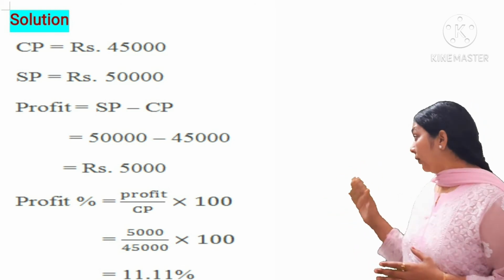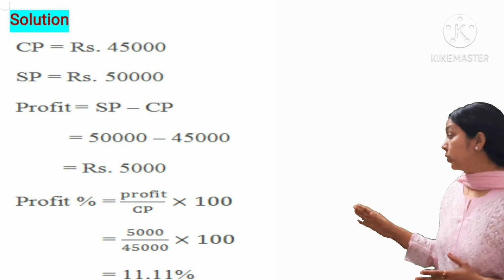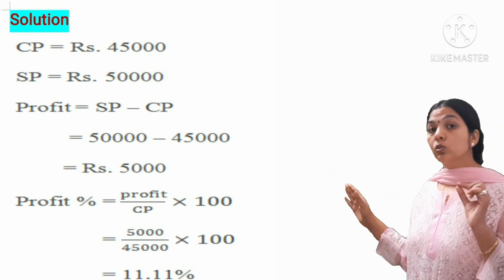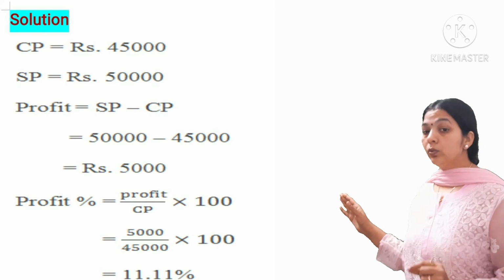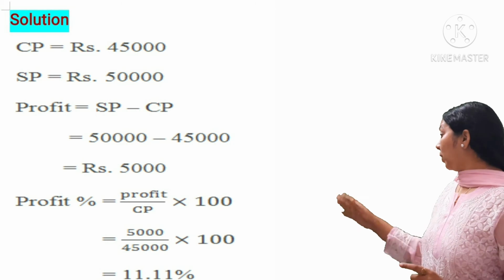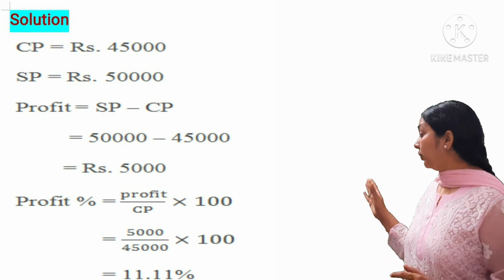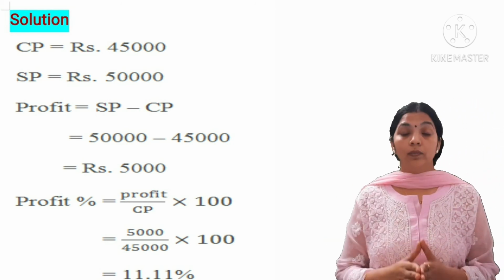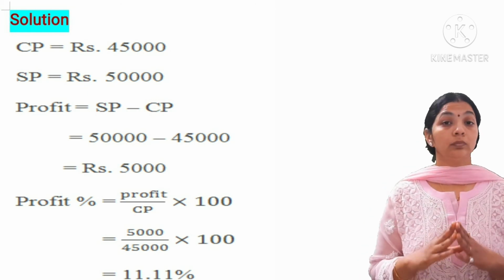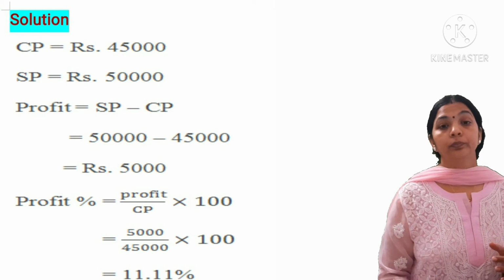Now we have to calculate the profit percentage. So 5,000 divided by 45,000, because cost price is 45,000, into 100. So the profit percentage is 11.11%. So always remember that profit and loss are calculated only on cost price.